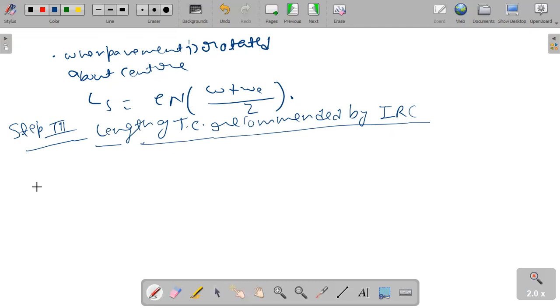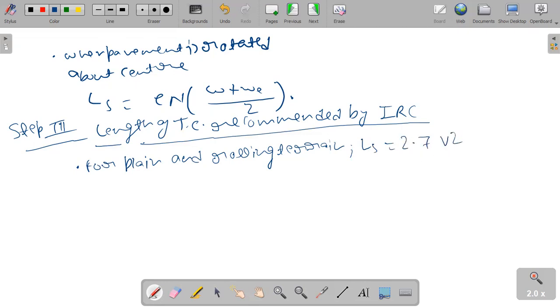So IRC recommended for plain and rolling terrain, Ls is equal to 2.7 V square by R in meter.